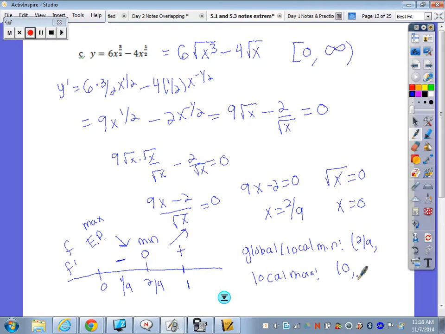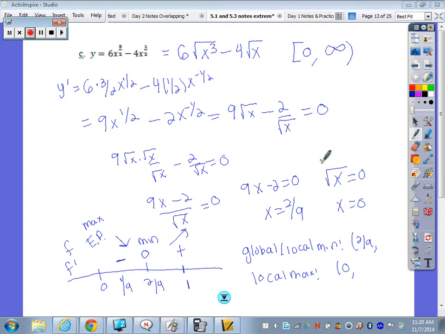I'm going to go back and find the y-coordinates, but there is no global max because this increases forever to infinity. So I'm going to plug in 2/9 to my original function, and you can use your calculator for this just to save time. So plug that in to see what you get.